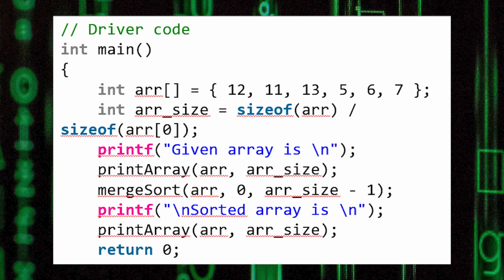First we have taken the array of 6 elements, then the size of the array is calculated and transferred to array size. Then we have printed the array, whatever we have initialized in it.